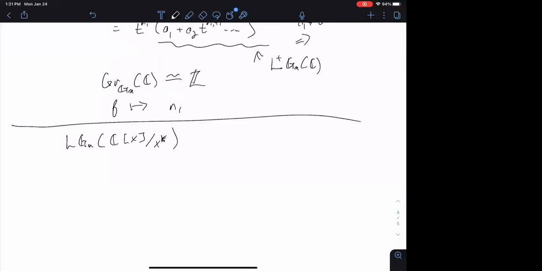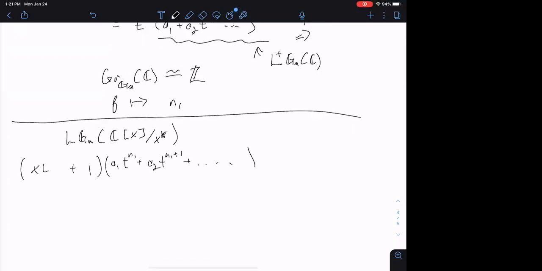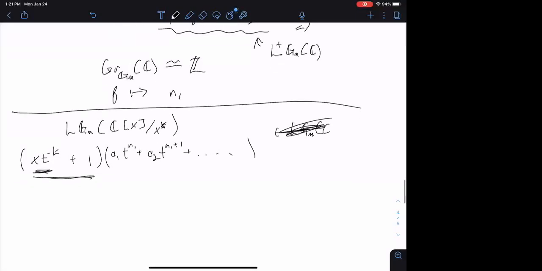I could write some point that looks like a1 t to the n1 plus a2 t to the n1 plus 1, some sum as I did before. And then I can always multiply this by 1 plus x t to the negative k. So this is a nilpotent. A nilpotent plus a unit is invertible. So indeed, this is an invertible element inside formal Laurent series over this ring.